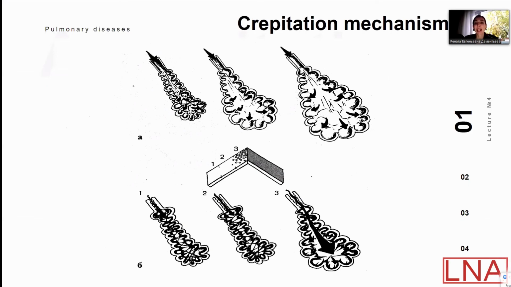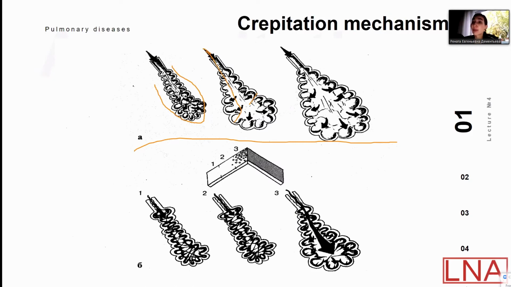Look at the mechanism of formation of crepitus. The same, it's our alveoli. Look, it's a healthy alveolus. This is the form and position of the wall of the alveolus before the air enters. When air comes into the cavity, the walls expand, the volume increases, and we get vesicular breathing.